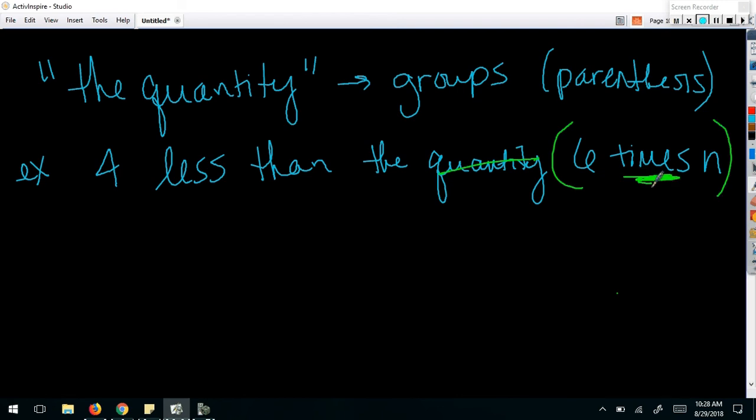So times means what? Multiply. So I'm going to know that this is 6 times n. Now, 4 less than 6 times n. 6n minus 4. 4 is less than the 6n, you see what I'm saying? So it's 6n minus 4. That's 4 less than 6n. Does that make sense?